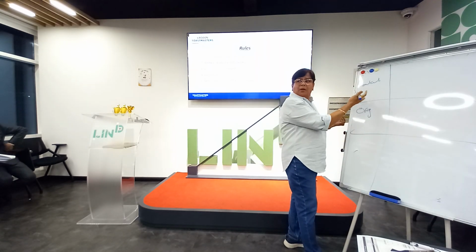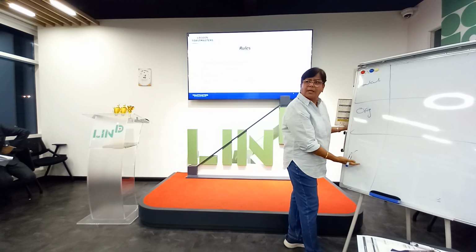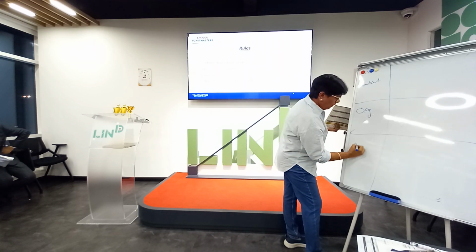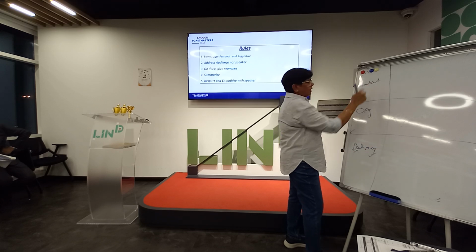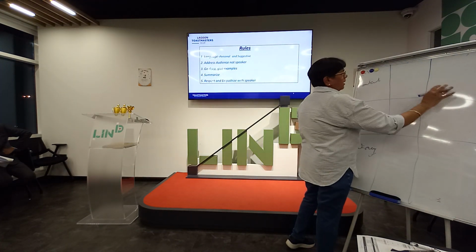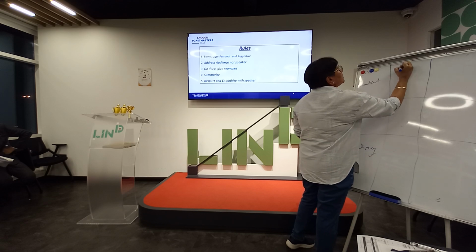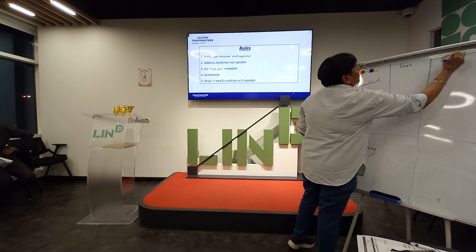COD: C is content, O is organization, and D is delivery. This is the best way it works. And then I divide the sheet again into two parts. This is the positives and this is the areas for improvement.